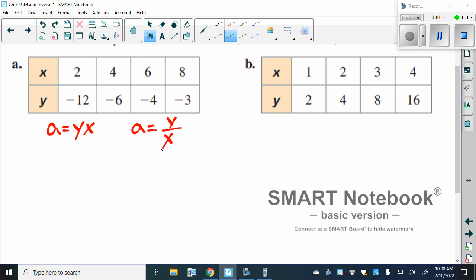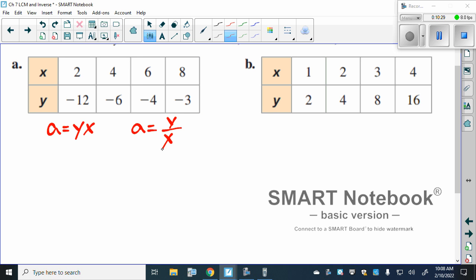When we multiply the variables together, we're talking about inverse. And when we're dividing the variables, we're talking about direct. When we use these, we're trying to multiply or divide x and y to see if we get a constant term.